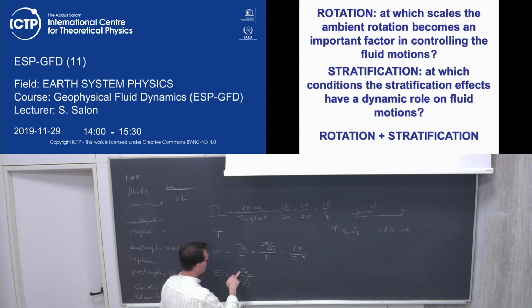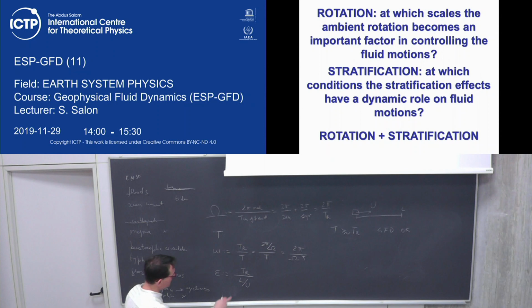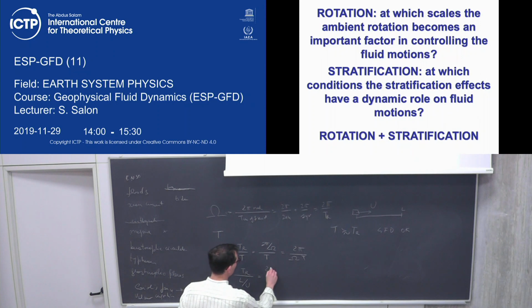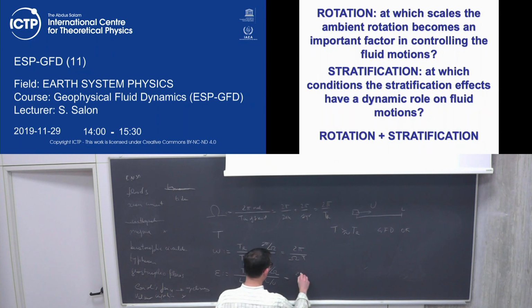Okay, so time of rotation over the time scale that the parcel takes to travel over L at a velocity u. So we have again 2 pi over capital omega L over u, and we can have 2 pi u over omega L. Okay?